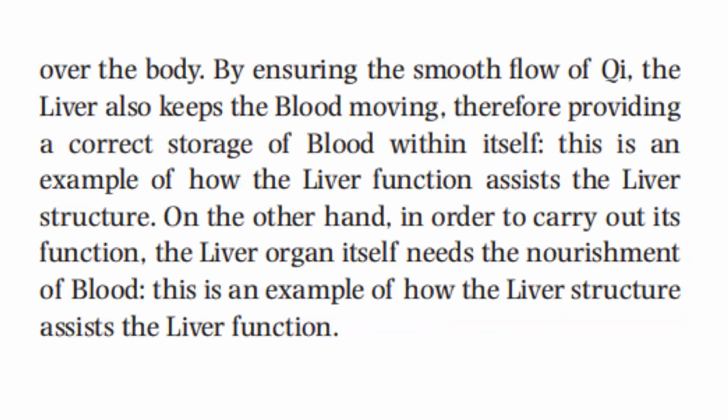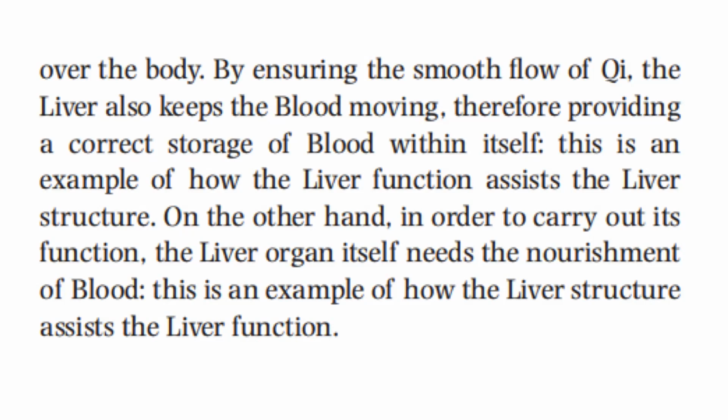By ensuring the smooth flow of qi, the liver also keeps the blood moving, therefore providing a correct storage of blood within itself. This is an example of how the liver function assists the liver structure. On the other hand, in order to carry out its function, the liver organ itself needs the nourishment of blood.